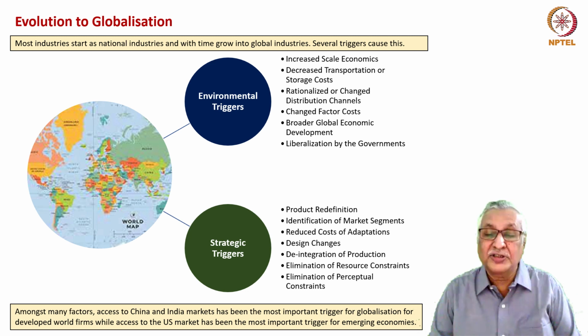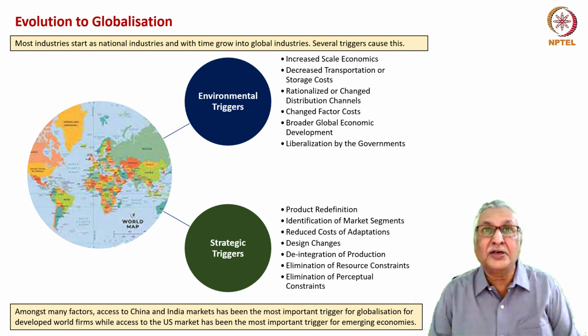In terms of the strategic triggers, we have product redefinition, identification of market segments, reduced costs of adaptations, design changes, de-integration of production, elimination of resource constraints, and elimination of perceptual constraints. Amongst many factors, access to China and India markets has been seen to be the most important trigger for globalization for developed world firms.